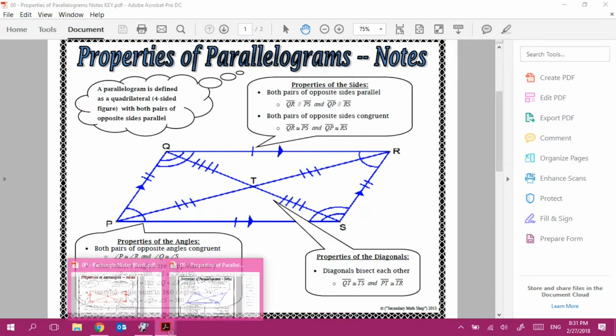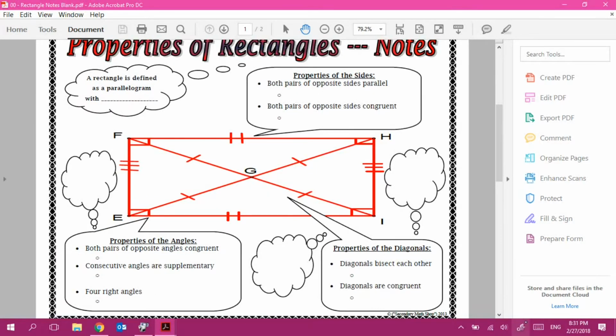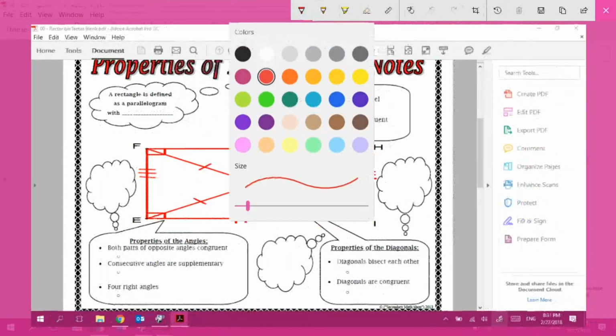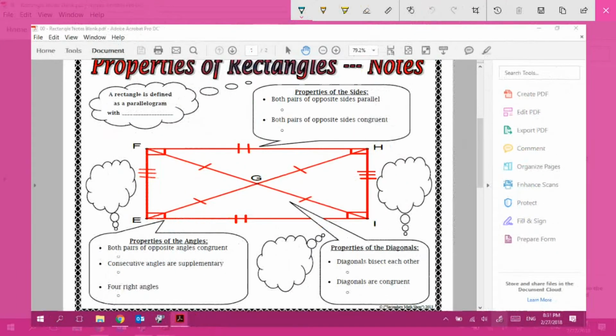Now there's only a few differences, and I'm going to show you those right now. In the bottom left here, we have four right angles. That means that the measure of angle E equals the measure of angle F equals the measure of angle H, which equals the measure of angle I. And all of those measures equal what? 90 degrees.